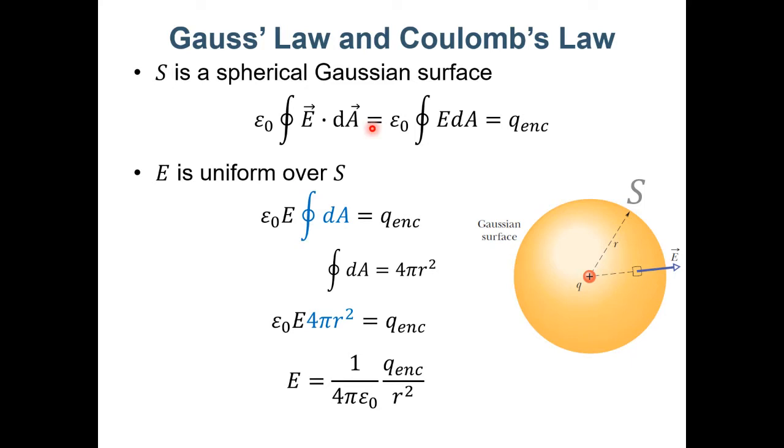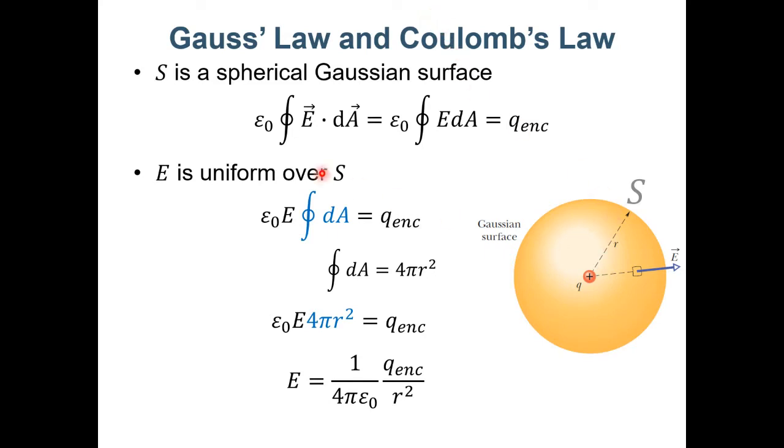Next, we talk about the relationship between Gauss's law and Coulomb's law. Actually, Coulomb's law is included in Gauss's law, which means that if we assume Gauss's law is correct, and it is correct, then we can derive the result of Coulomb's law.